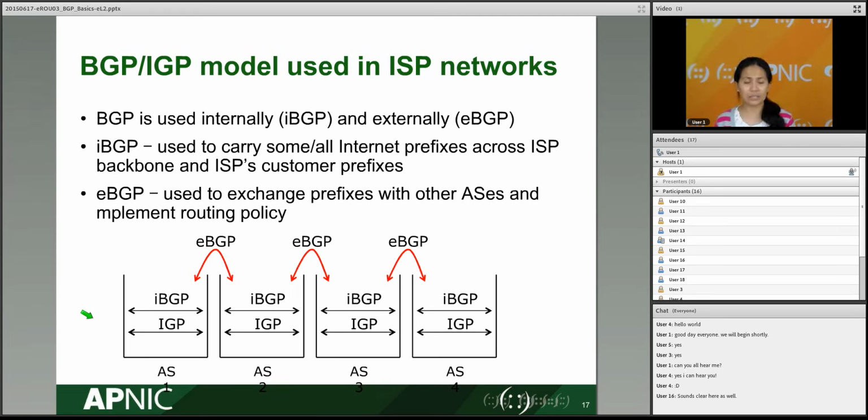So that's the difference between them. iBGP is internal, eBGP is obviously external. But why do we have two different ones? Notice here we have 4 buckets, AS1 to AS4. Any exchange of information between autonomous systems, AS1 to AS2, AS2 to AS3, AS3 to AS4, all use eBGP. And then within each AS, within each bucket, you have iBGP.